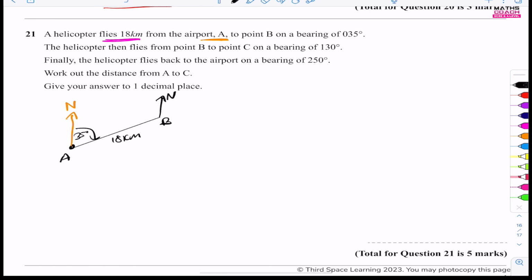Now we also need B's north as well. That's quite important. This then says that the helicopter flies from B to C on another bearing of 130. So this 130 needs to be from here itself, because it's flying from point B. So where is 130? It's going to be something down here, along here.